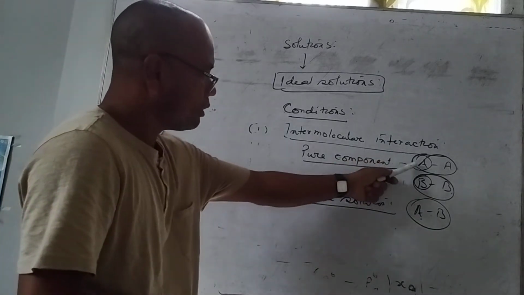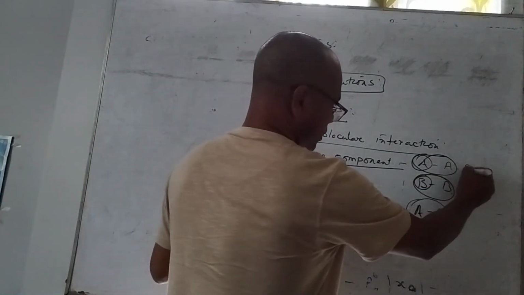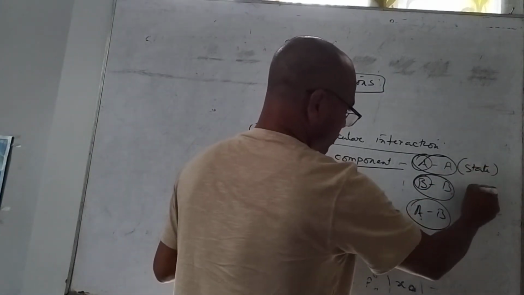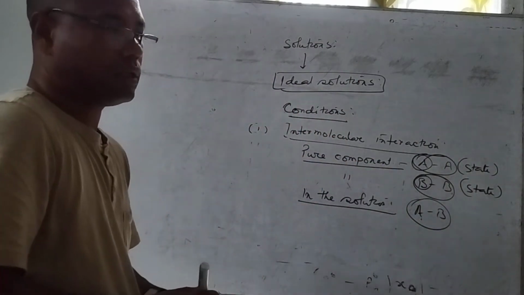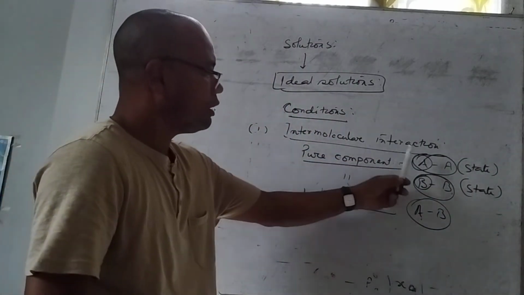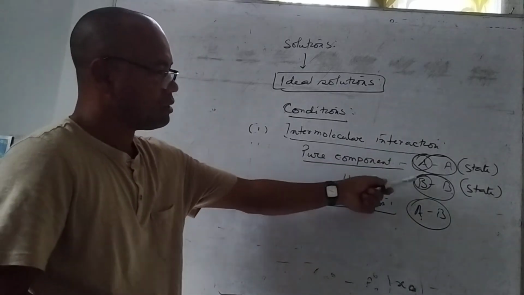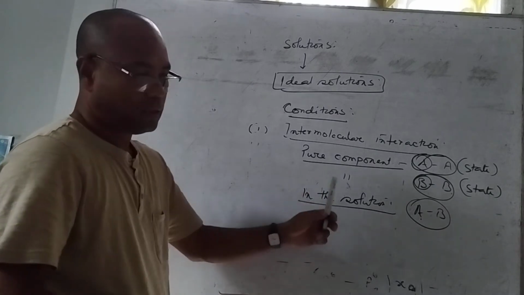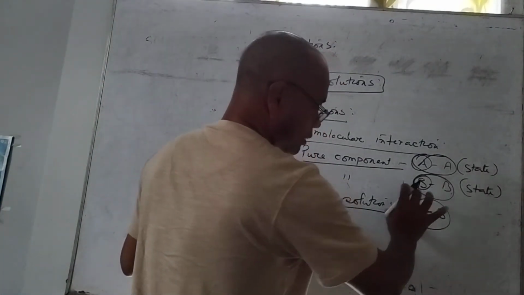These are the components in the pure state. In the pure state, what are the components? I should say that is A and B. But in the solution, when we mix these two components, the components present, I write AB together.